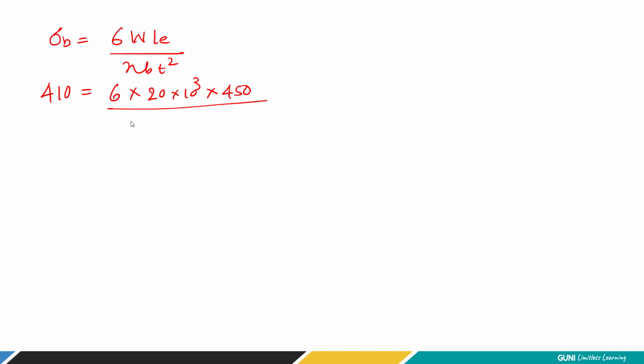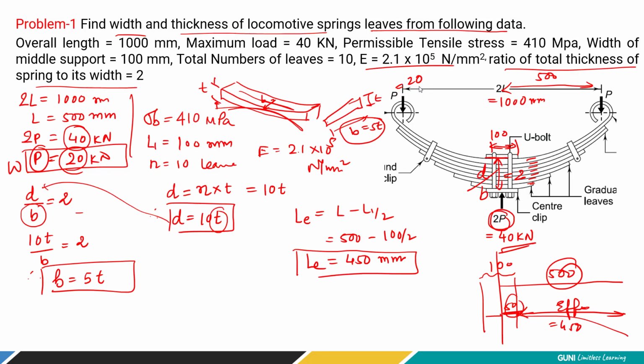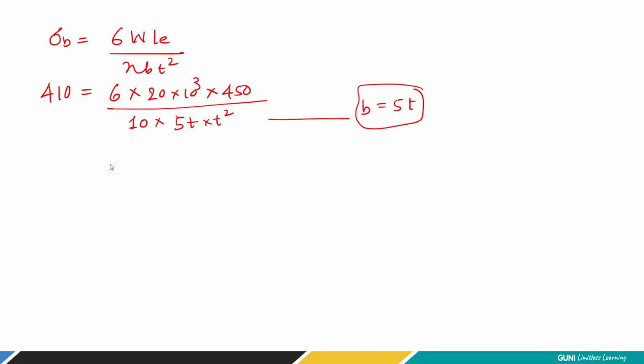Now the total number of leaves is 10. Here, instead of B, we are going to write 5, as we know, and into T square. This comes from here, we simply replace B equal to 5 times thickness, from this equation. Here it is very simple. Now it becomes T cube.